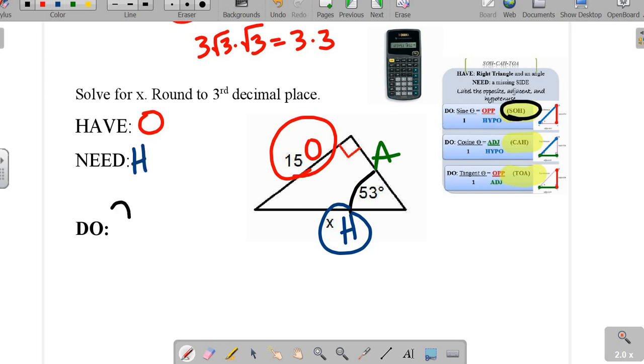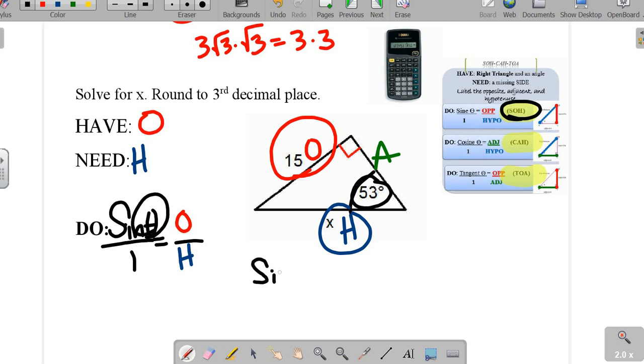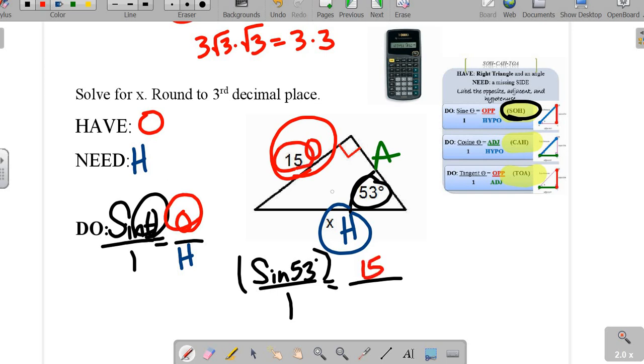OH combo. Do not get lazy and skip the equation step. Always do the equation, then circle, plug, chug. So we have sine 53 degrees equals opposite 15 over hypo, which is our x.